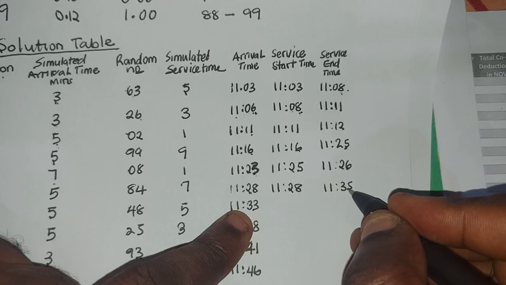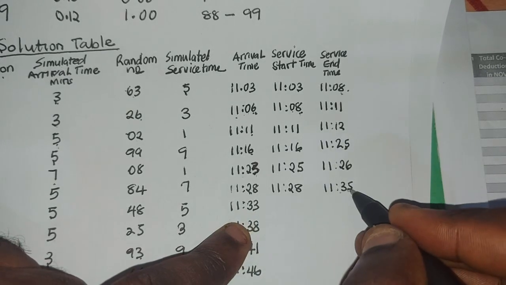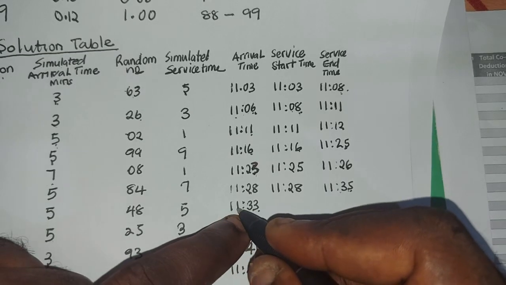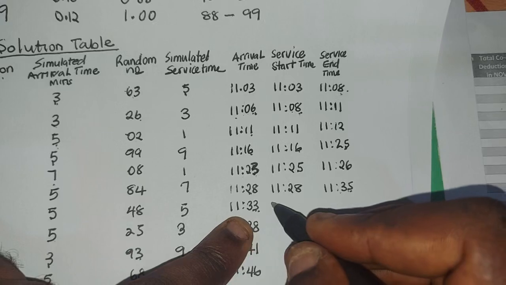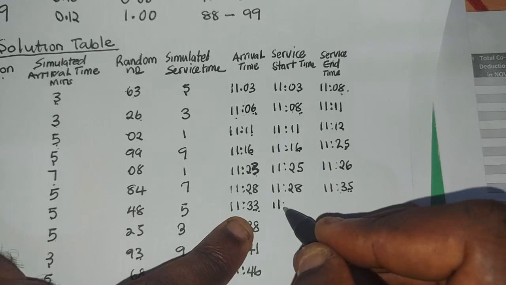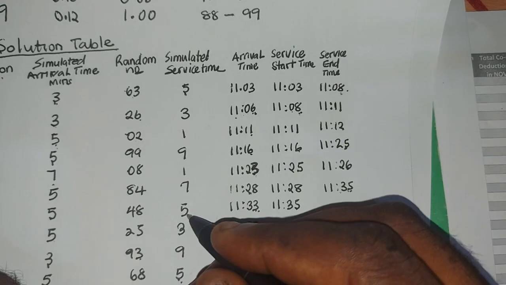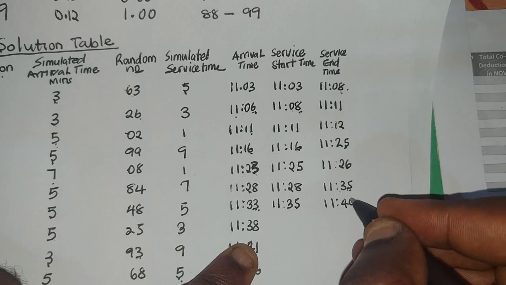Before this 11:35, a customer is already waiting that arrived 11:33, which means the next customer is waiting, but he will start exactly when this one ends. Okay, 11:35, and he spends 5 minutes, so which is 11:40.